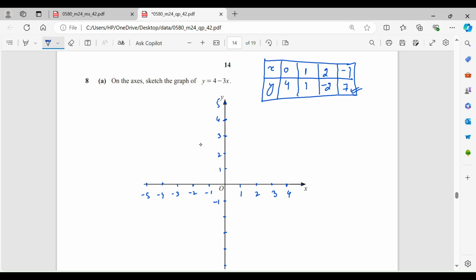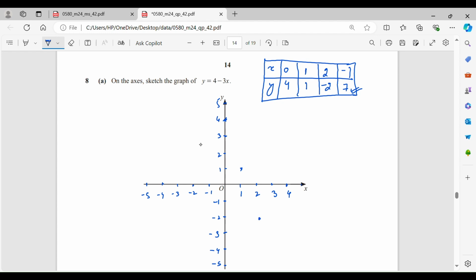Minus 1, minus 2, minus 3, minus 4, and minus 5. On 0, it is 4. This point, right? Then 1 to 1, and 2 to minus 2. This will be our point.